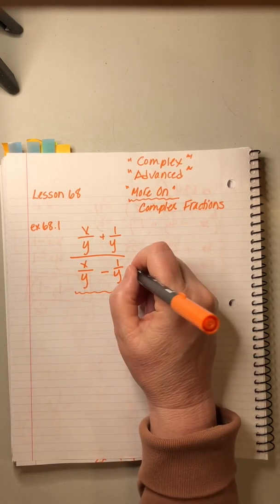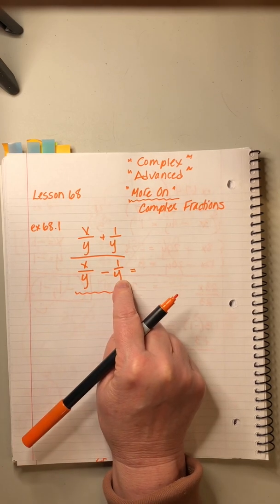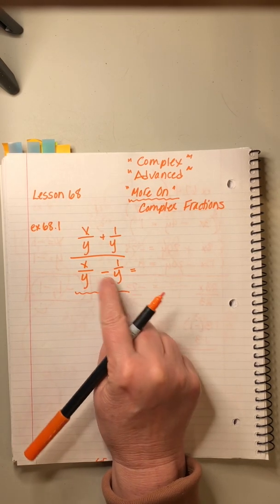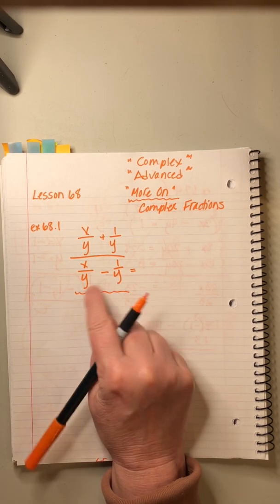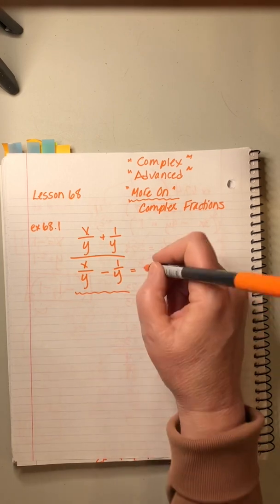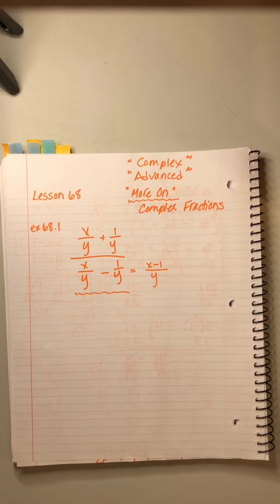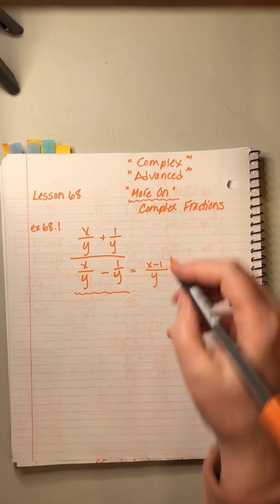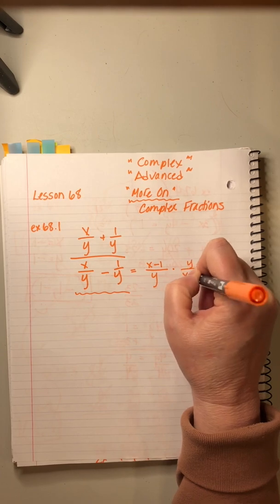Well, the great news is this is all ready to go, right? We can combine, quote unquote, add these fractions, negative adding, subtracting, however you want to think of it. We can combine them because the denominators match. So we can rewrite this as x minus 1 over y. And now we are ready to multiply by the reciprocal. Y over x minus 1.